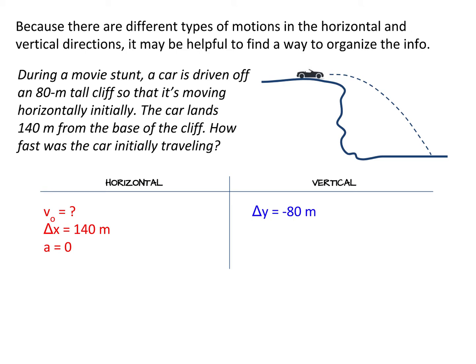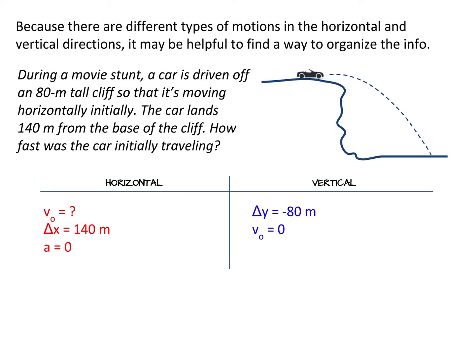Now, what else I know vertically is that the car was not moving vertically to start. It didn't launch upwards or downwards. It was just moving horizontally as it first left the cliff, that initial moment. And so on this side of the chart, I'm going to say that v sub 0 is 0. Again, that could get confusing.